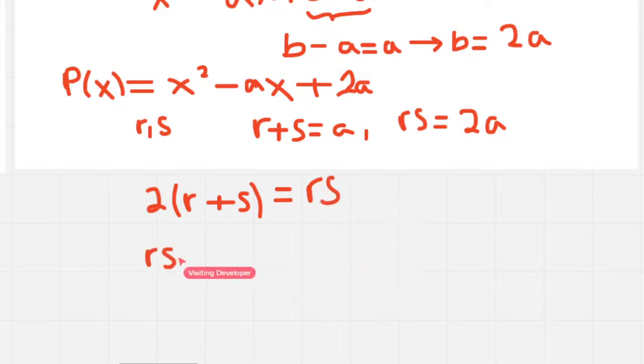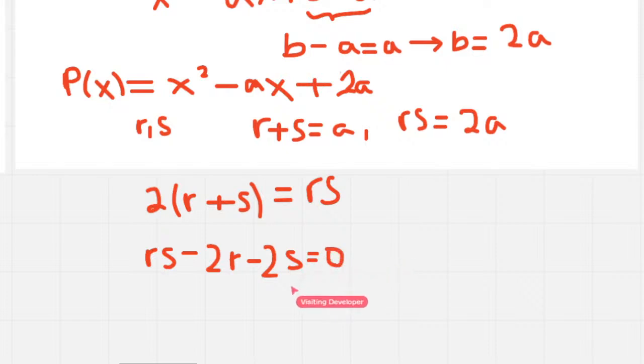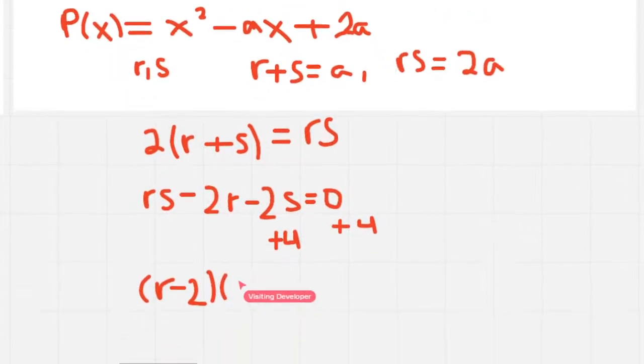And so now we can rewrite this in a form where we can directly use the fact that r and s are positive integers. So as you can see, if we add 4 to both sides of this equation, we can factor the left-hand side as r minus 2 times s minus 2 is equal to 4.